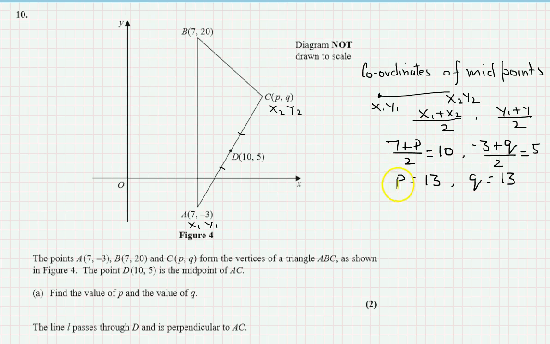So the coordinates of C is 13 and 13. P and Q is 13 and 13. So these are the coordinates of C. That is the first question.